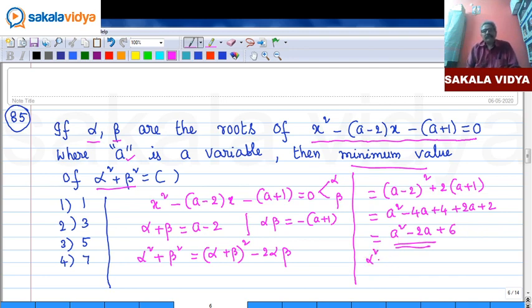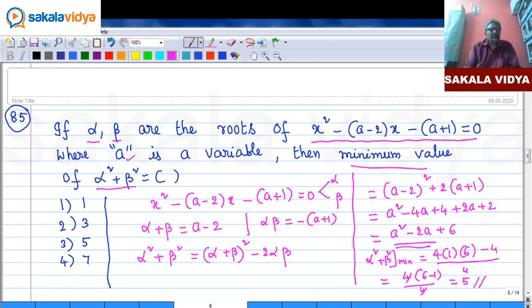Alpha square plus beta square minimum equals (4ac minus b square) by 4a. Here a, the a square coefficient, is 1, c is 6, b is the a coefficient, 2. So we can take 4 common: 6 minus 1 by 4... 4 gets cancelled. So 5. Answer is the third option, it is the right option.